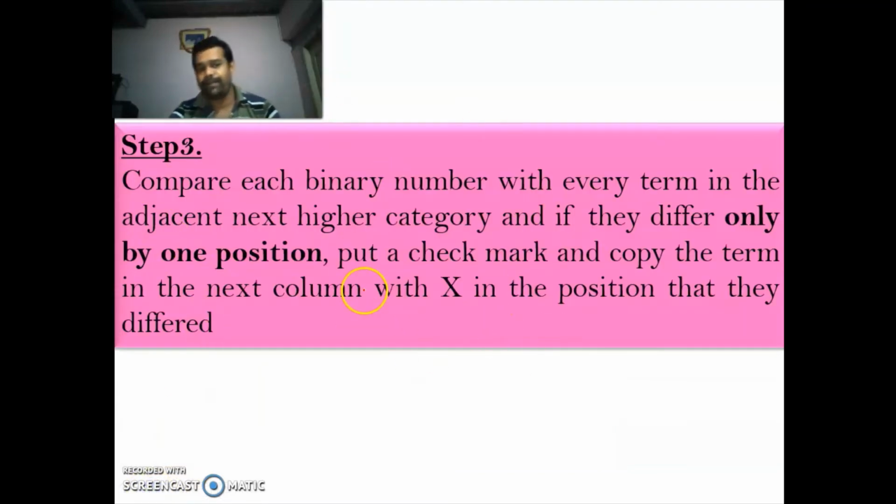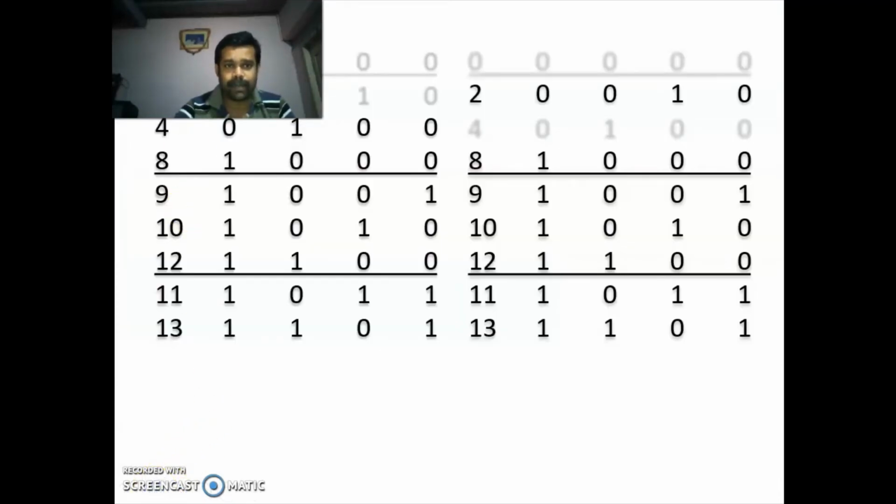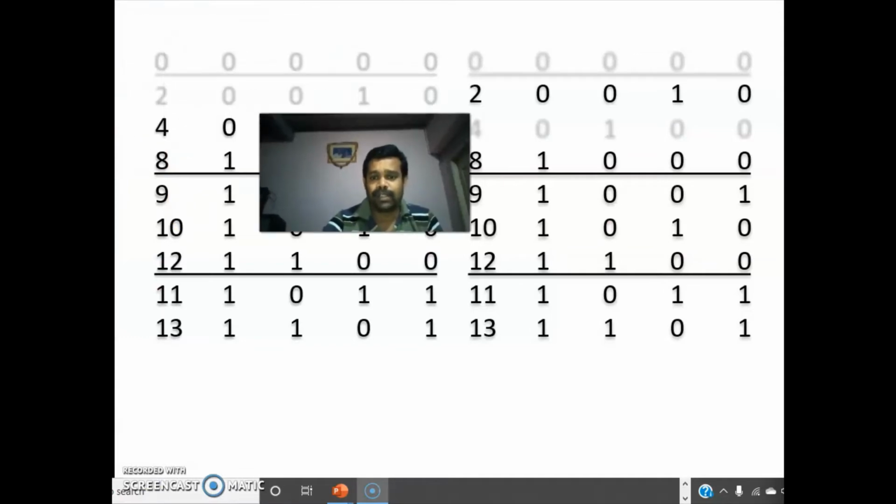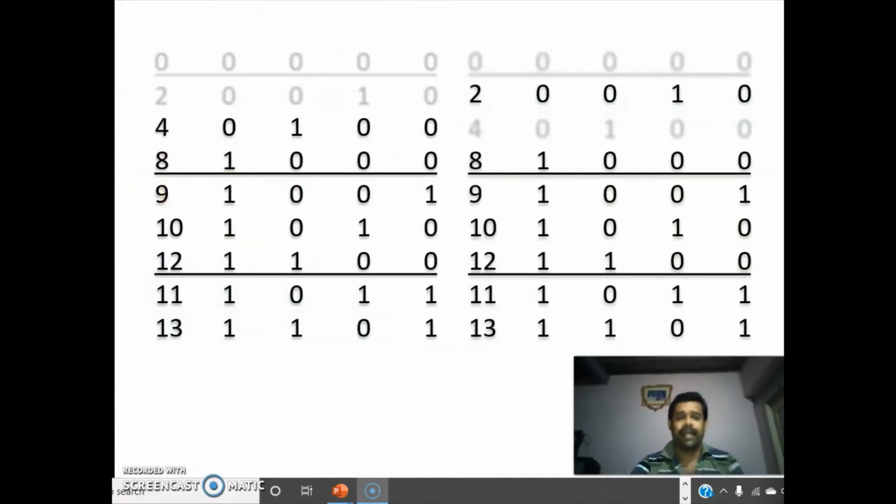Now we are going for the third step. We are going to compare the numbers. So I will tell clearly the problem. This table is nothing but the numbers rearranged depending upon the number of ones.